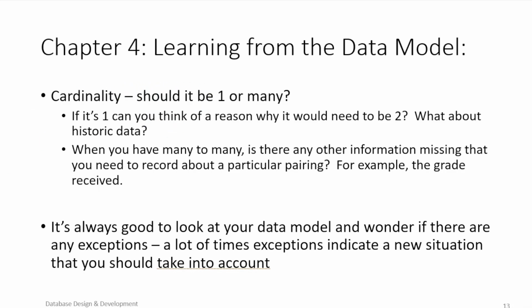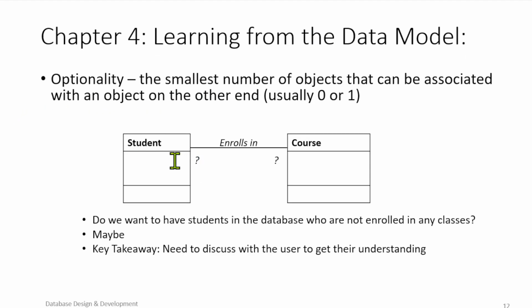Cardinality. Cardinality is the next number, and that becomes should it be 1 or many. And if you think of a reason why you would need 2, it's many. Like for here, you go back here, can a student take many classes? Yes. If it was a situation where every student was issued a computer, like at my wife's school, all the kids get Chromebooks, but students are not going to have many Chromebooks.